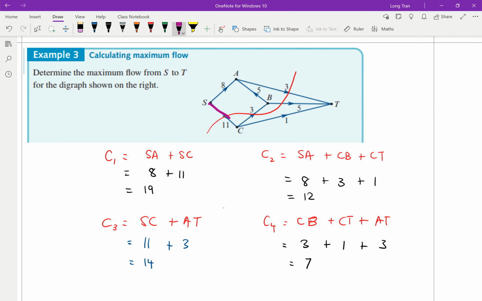I can include S to T, S to C. I can include B to T, okay? And I can include A to T, but in this particular special case, notice I can't include C to B, even though technically it feels like it's meant to be from source to sink, right?